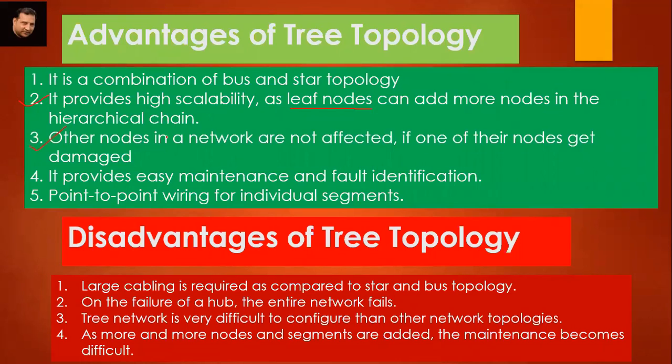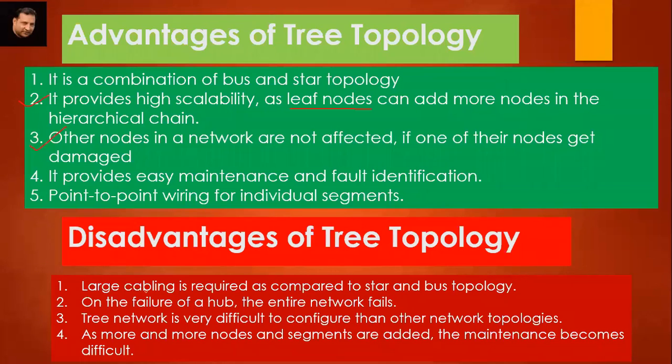Third, other nodes in a network are not affected if one of the nodes gets damaged. So this is the benefit of tree topology. Fourth, it provides easy maintenance and fault identification is also easy in this case. And here we have point-to-point wiring for individual segments, as you saw in the diagram which I made earlier.